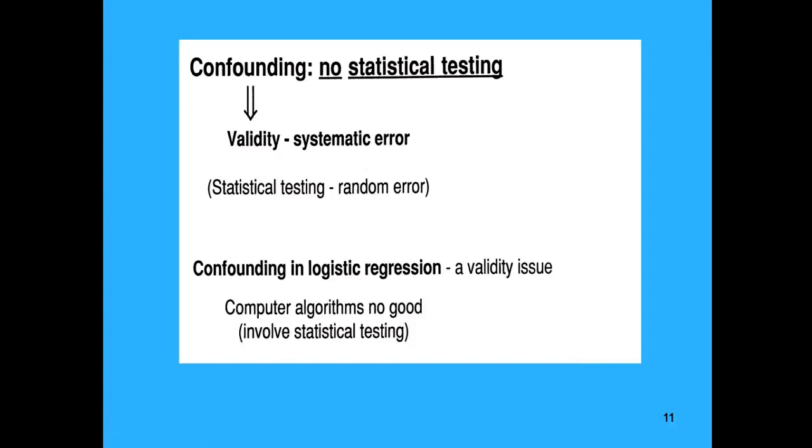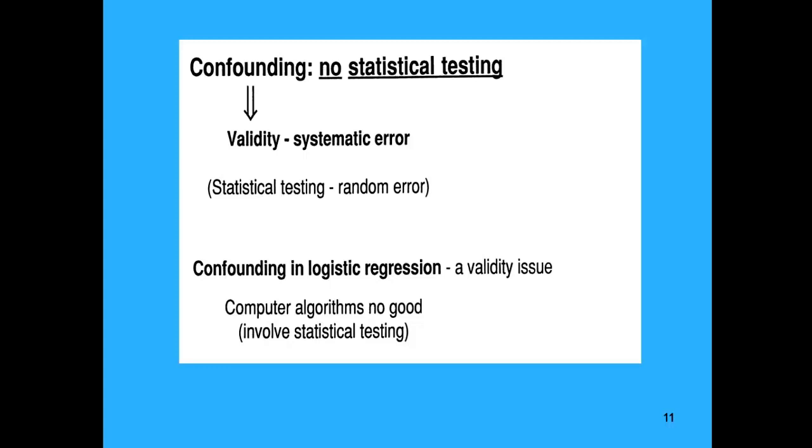When you learned about confounding in 530 and 534, and you learned how to assess confounding, you didn't do statistical testing for confounding, right? Why didn't you do statistical testing? Because confounding is a validity issue. It has to do with getting the right answer. Remember there are two kinds of error, systematic error and random error?